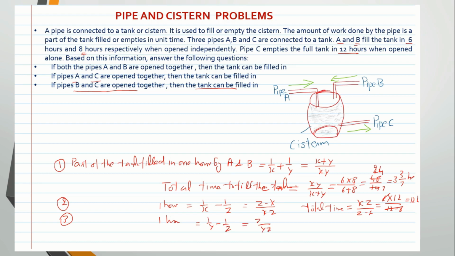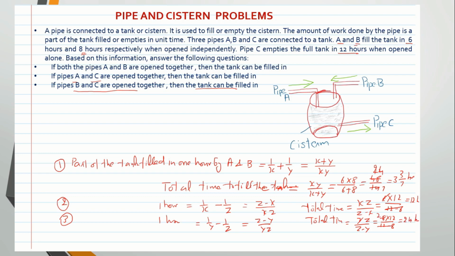So the total time in this case comes out to be YZ upon Z minus Y, children. So Y in this case is 8 into 12 over 12 minus 8, and the answer comes out to be 24 hours, right?